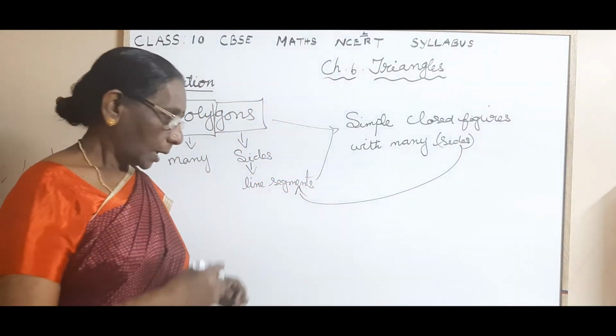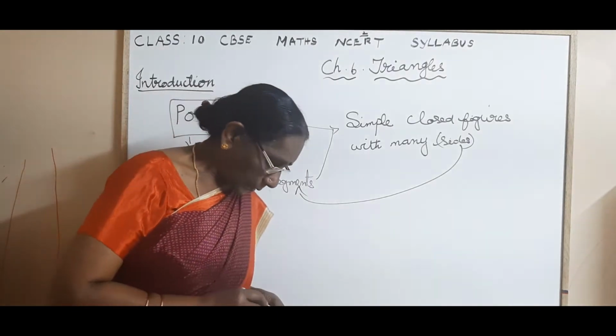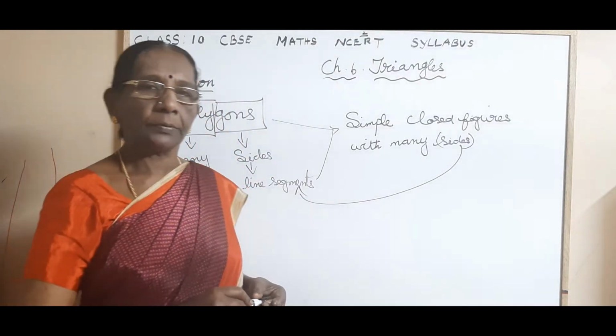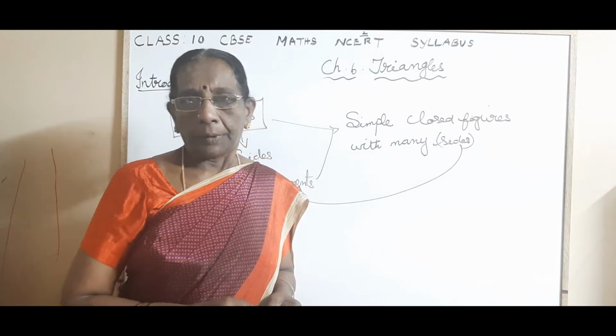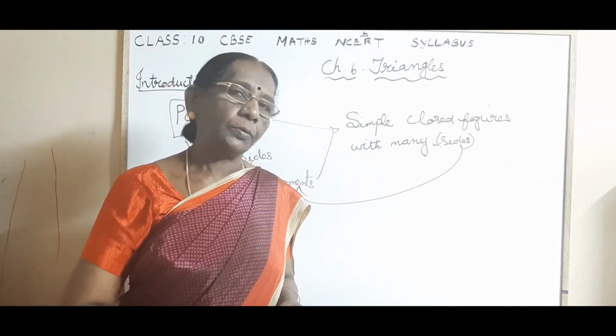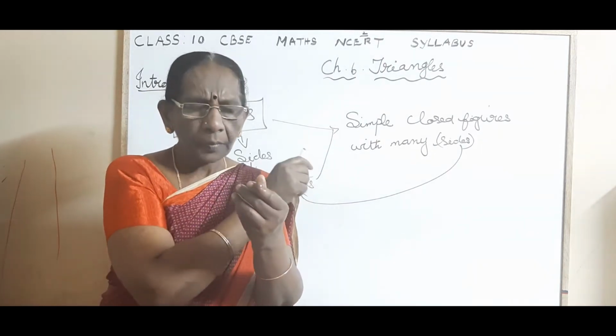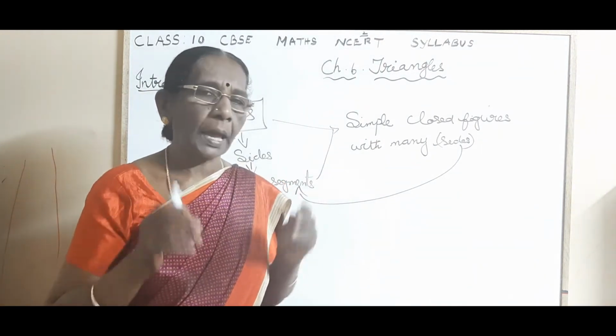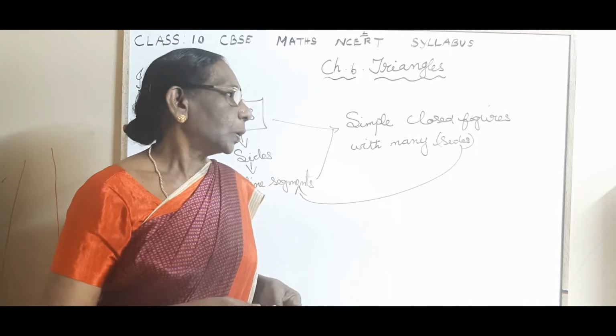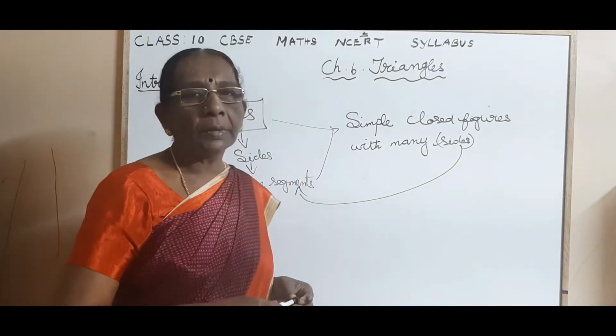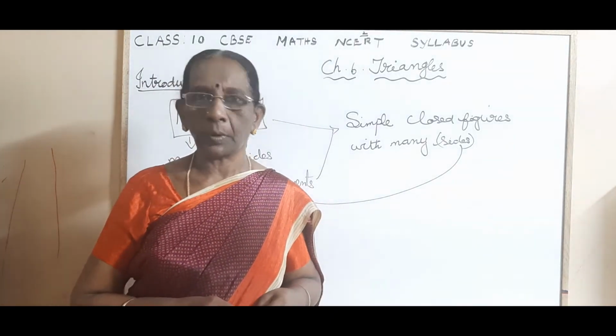Isn't it, children? And when you take the polygons, you have three-sided, four-sided, five-sided like that. We cannot draw a closed figure using two line segments. Either you can draw them intersecting or parallel. So you need a minimum of three sides to draw a polygon.